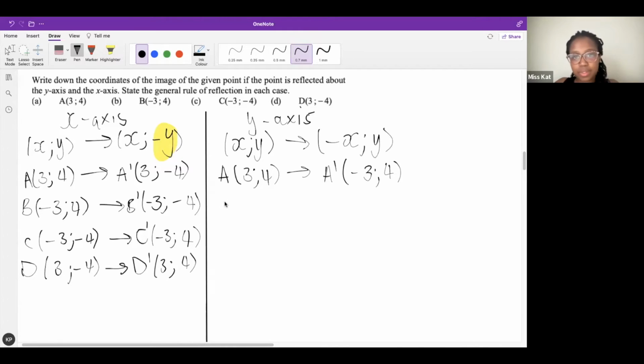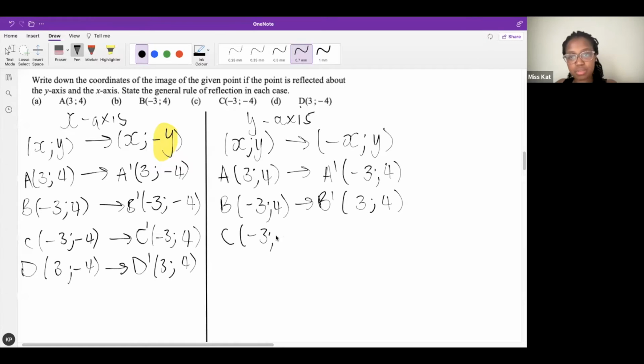Wonderful. So if B was (-3, 4), what's my new B prime? It's going to be (3, 4). Nice. Okay, let's go to C. Was both negatives.